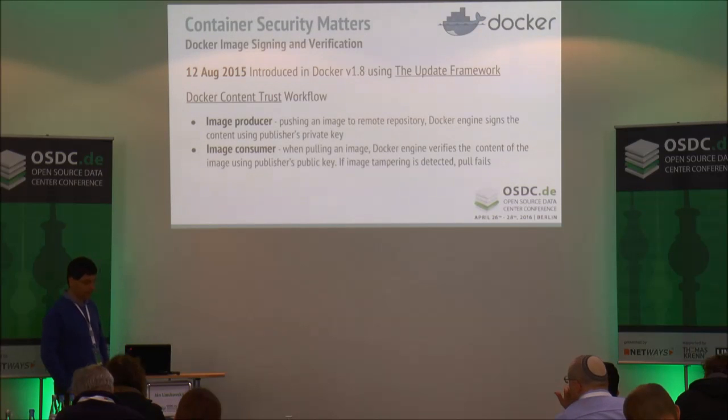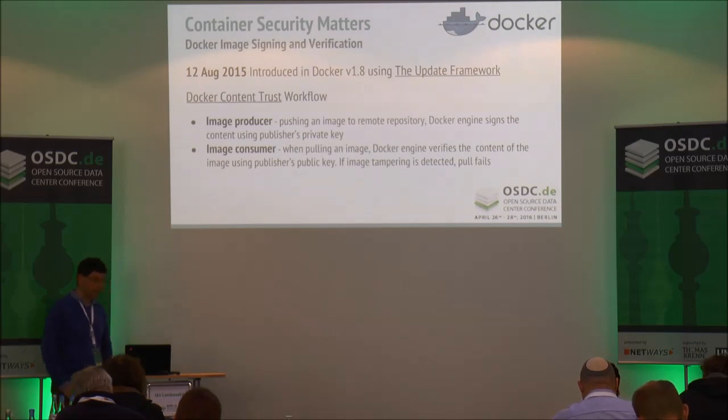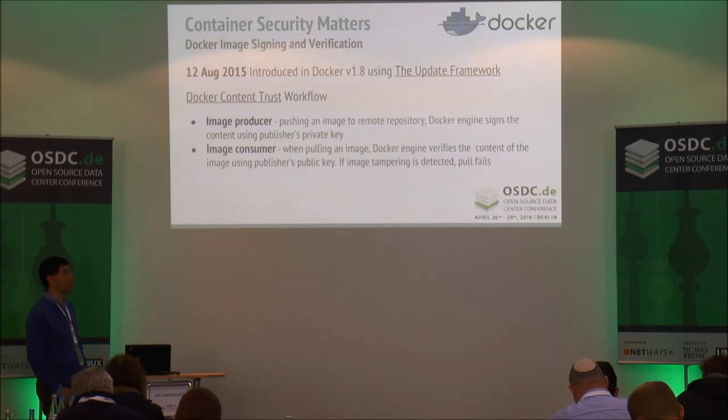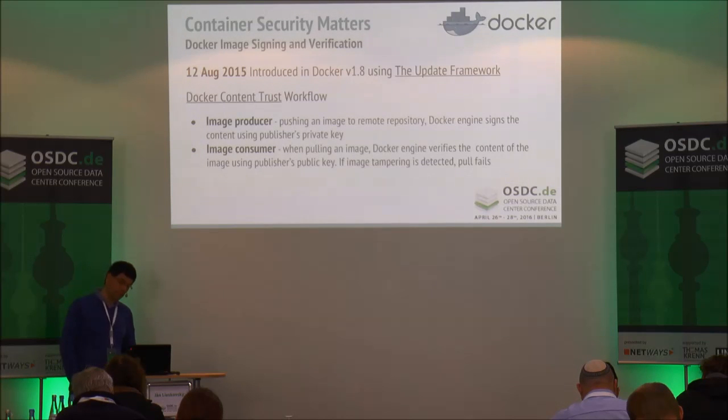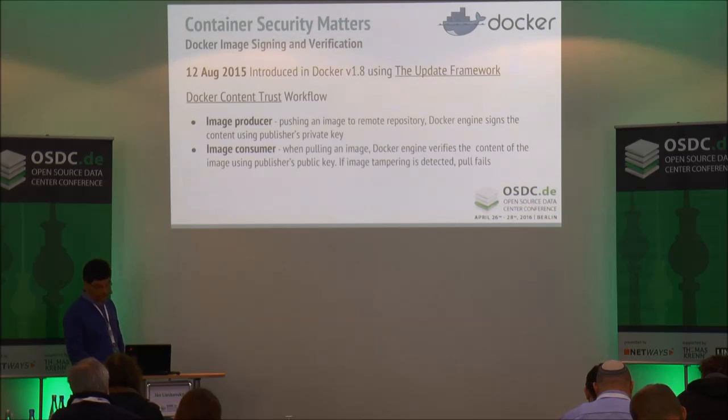The service encrypts it, signs the content with the private key of the publisher, and on the other hand, when the customer or user receives the content, again the Docker daemon itself verifies the signature of the content, and the pull fails if the identity doesn't match.